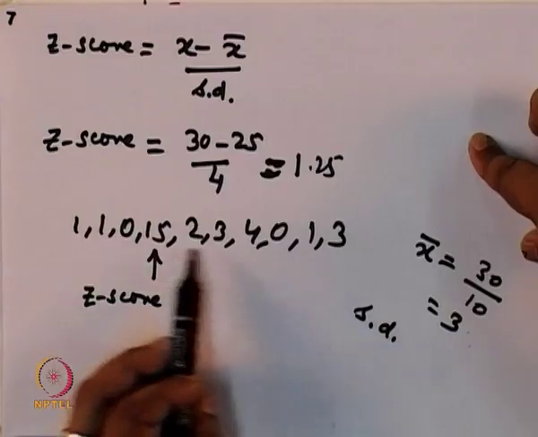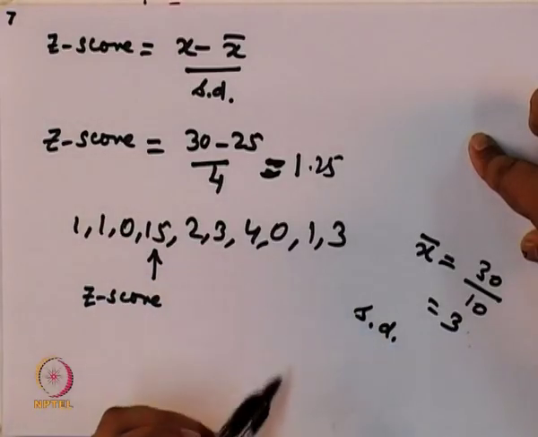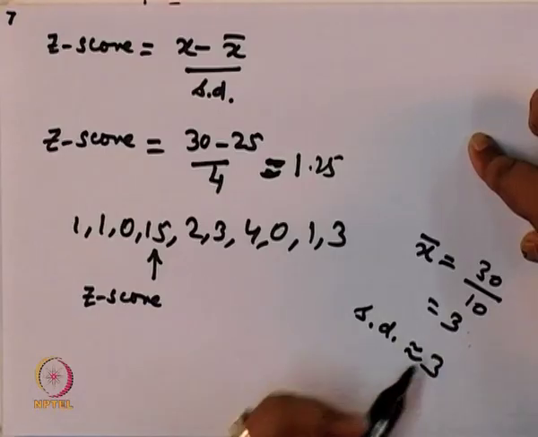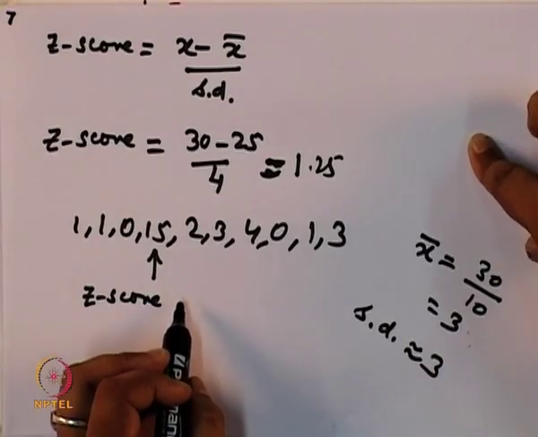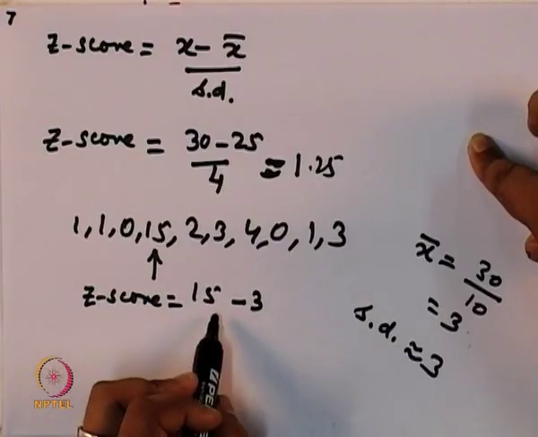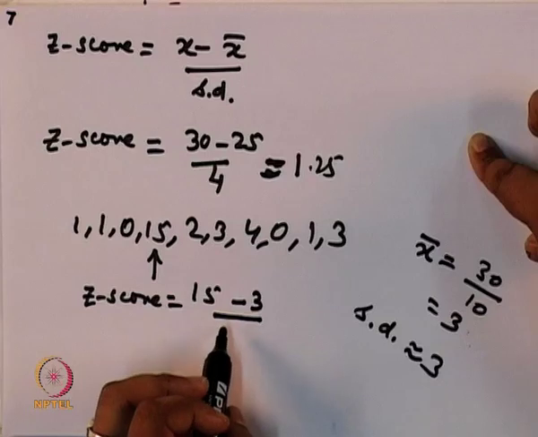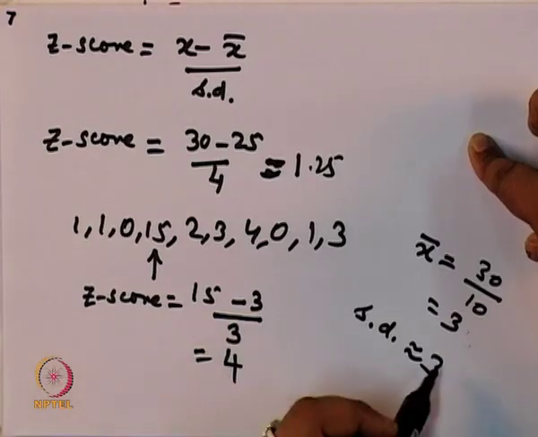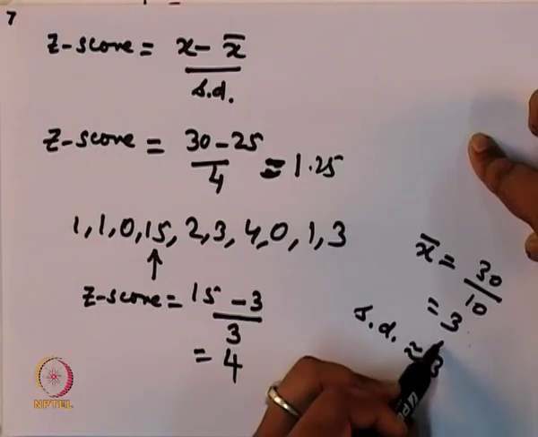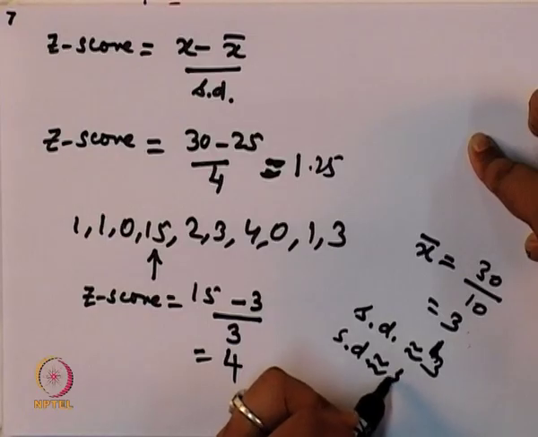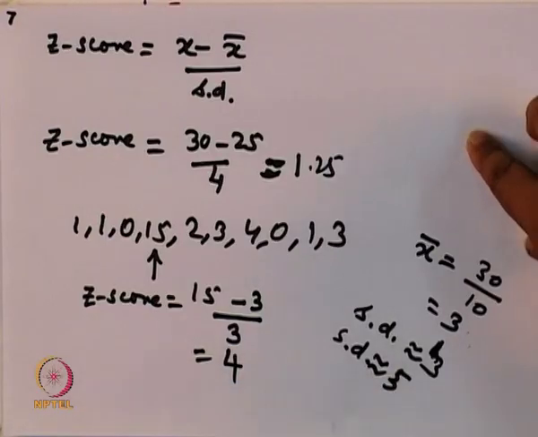So, in most of the cases it will be 0. So, your standard deviation will be, let us say, order 3, then my z score of 15 will give me 15 minus x bar, which is 3, divided by 3, giving a value of 4, but I think the standard deviation will probably be order 4 or higher, 5, okay, in that case.